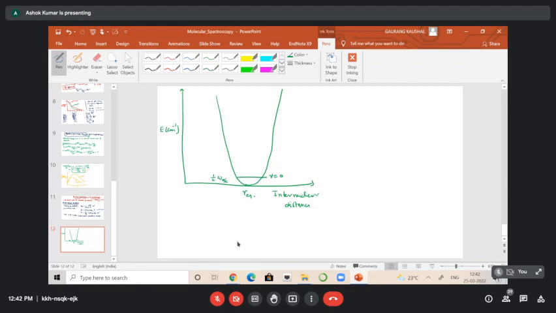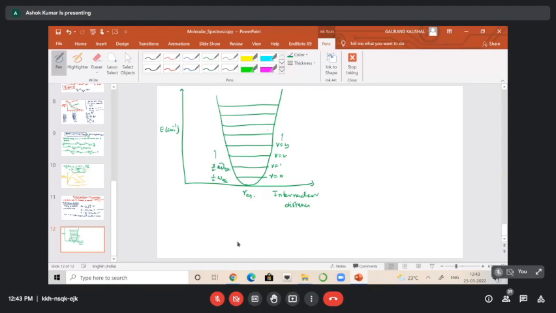These energy levels are equally spaced. v equal to 0, 1, 2, 3, and so on. So this is half omega oscillation, then 3 by 2 omega oscillation, and so on.